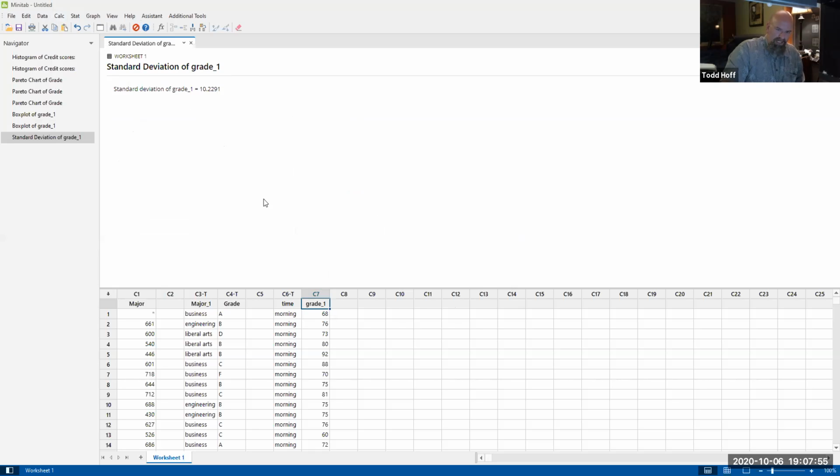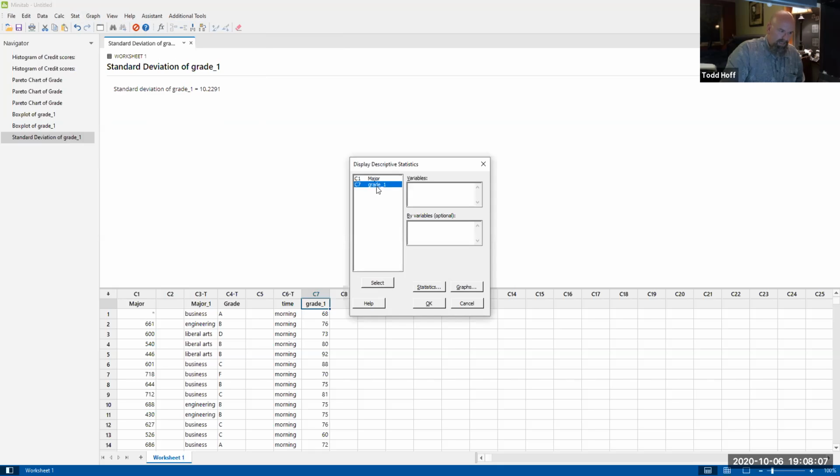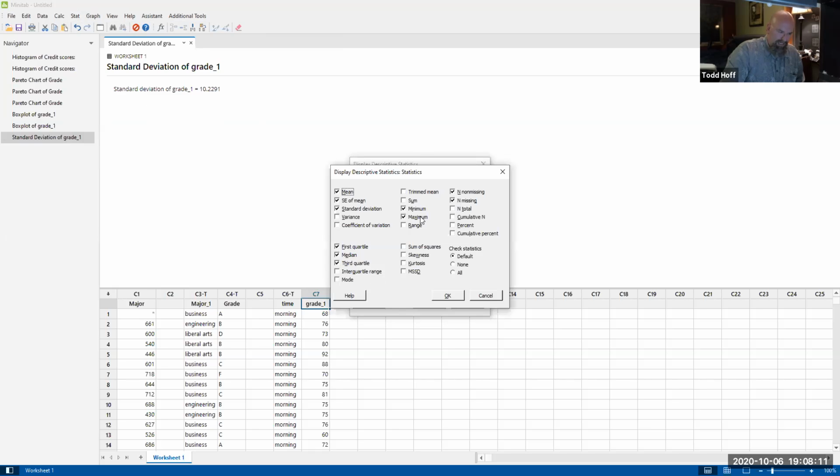If I want a bunch of them, I wouldn't use the Calc menu, I'd use the Stat menu. I go down to Stat and then down to Basic Statistics and then Display Descriptive Statistics. I'll use my grade again and let's click on Statistics here and choose which ones I want. The standard error of the mean, that's not something we've learned yet, so I'm going to click that off. Standard deviation, yes.